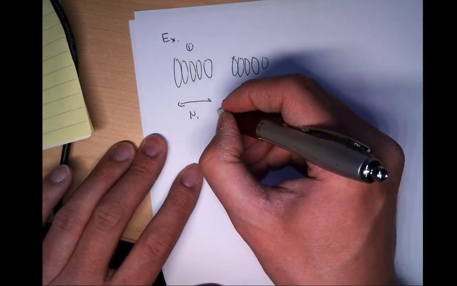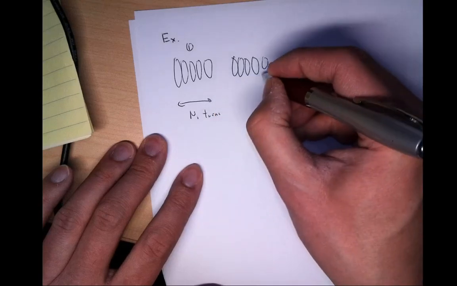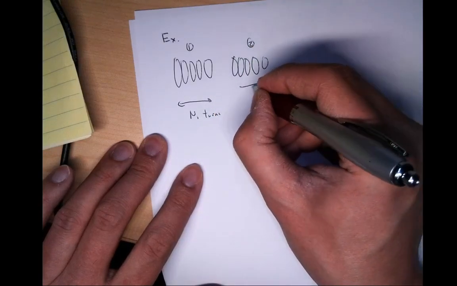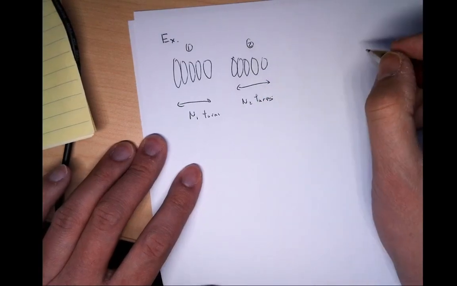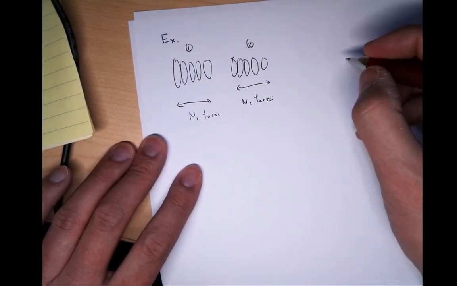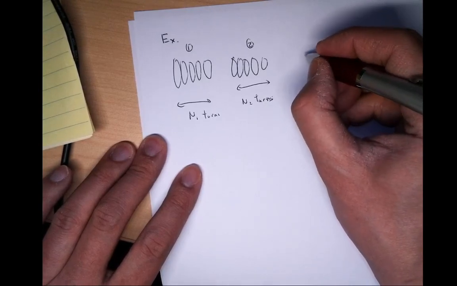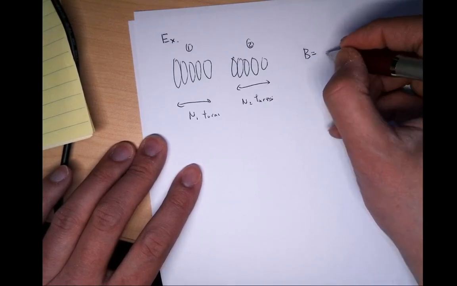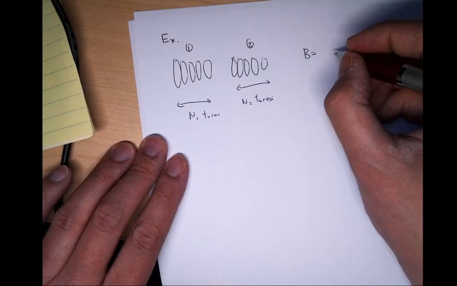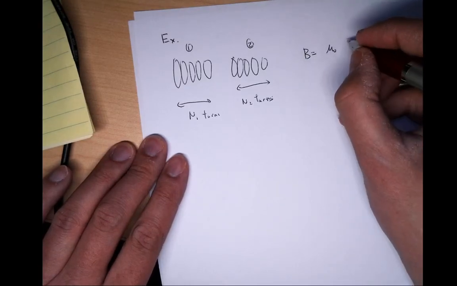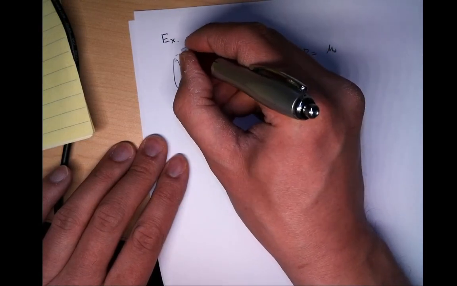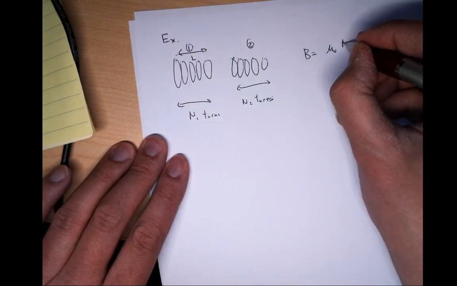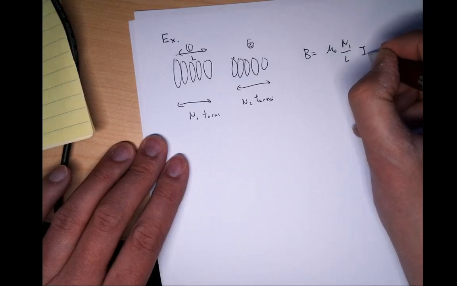It has N1 turns. This solenoid number 2 has N2 turns. Right? And so we know what the B field for solenoid 1 is. It's just going to be mu 0, let's give this thing a length L here, N1 over L times I1.